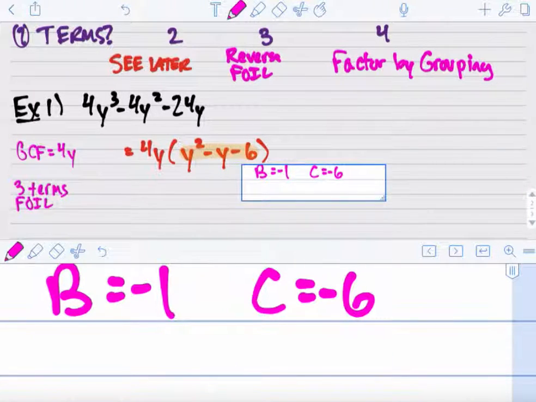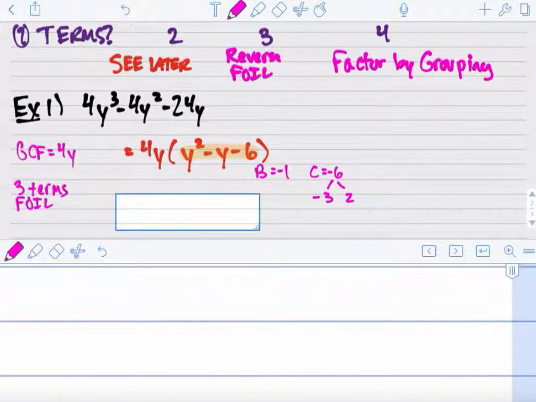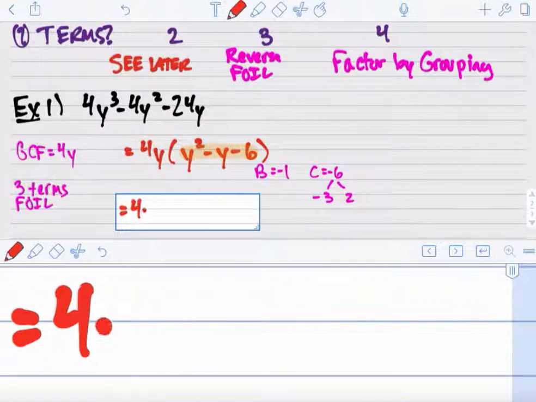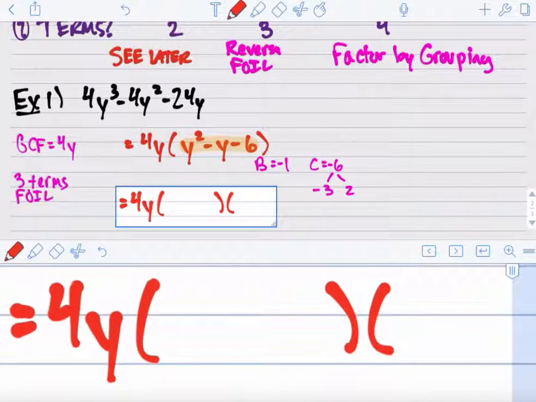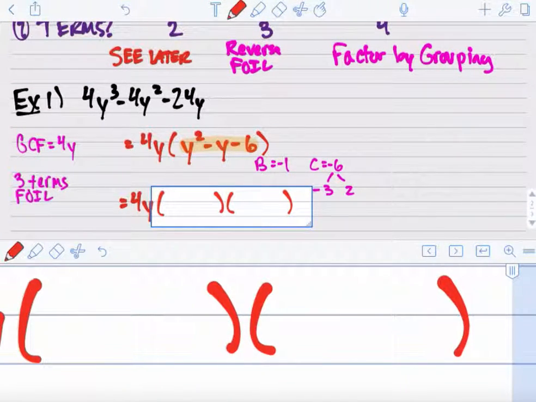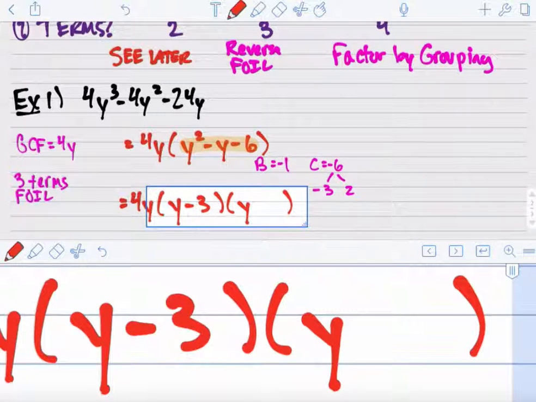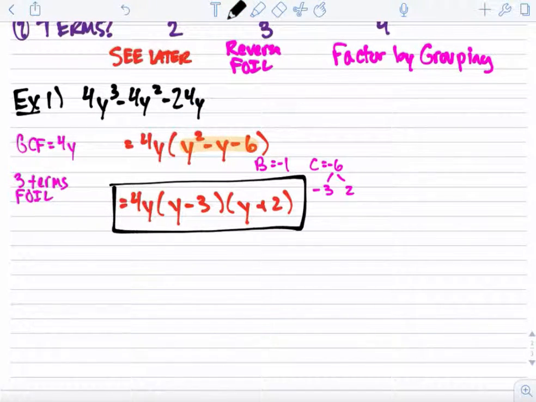Factors of -6 that add to -1 are -3 and +2. I can take that next step where I had the 4y and break it up into my 2 binomial factors, y minus 3 and y plus 2, and now that is factored completely.